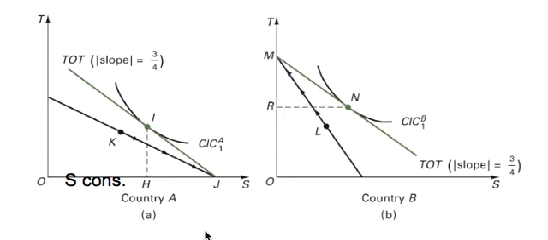However, we are producing an amount that goes from the origin to J, which is greater than OH. The difference, HJ, is going to be exports from country A to country B of good S.